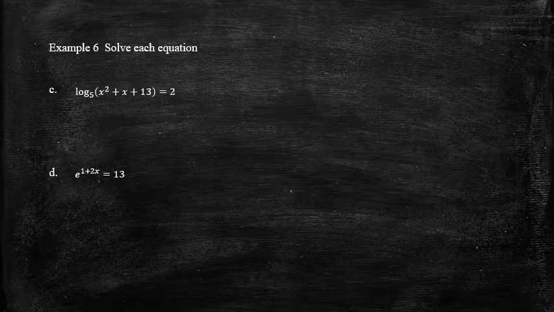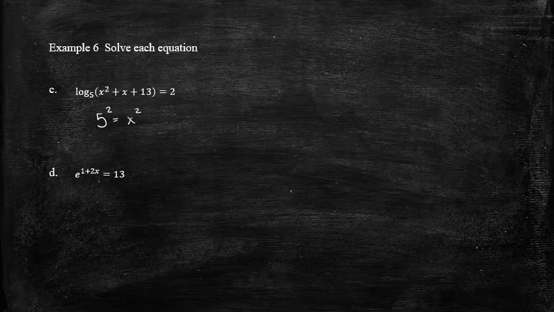Okay, so two more. Part C, we have the equation log base 5 of the quantity x squared plus x plus 13 is equal to 2. All right, so again, rewrite the log equation exponentially. So we'll have 5 squared is equal to x squared plus x plus 13. So 5 squared is 25.